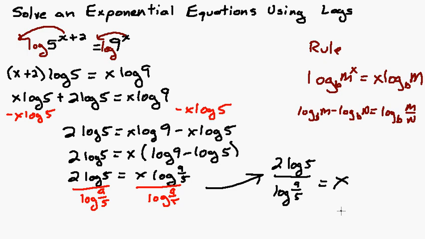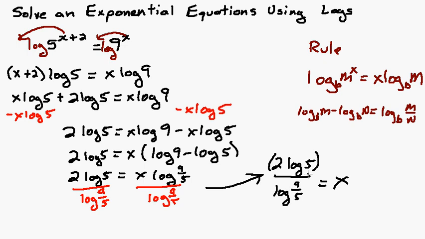Make sure when you punch that into your calculator, if you're going to do it all at once, you use parentheses around the top. Otherwise, it's just going to take log 5 divided by log 9/5 and not 2 log 5. I could punch that in real quick and get an approximation so you can check it. So we got 2 log 5 divided by parenthesis, well, you probably don't need a parenthesis on the bottom, but it never hurts, log of 9/5.